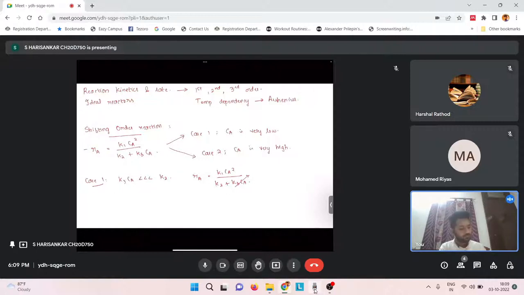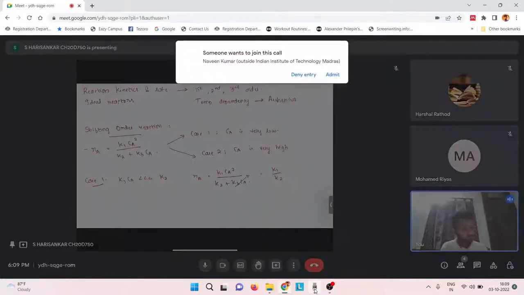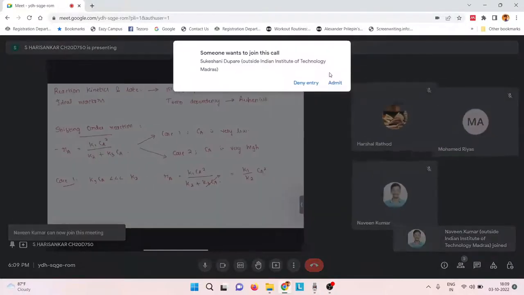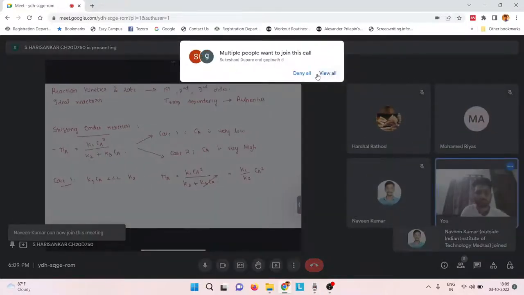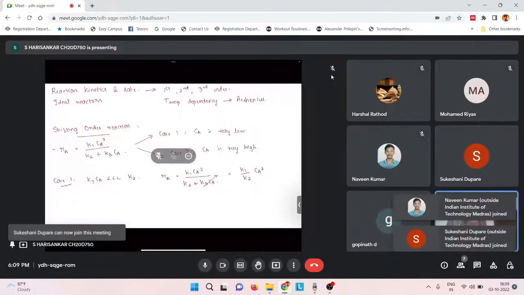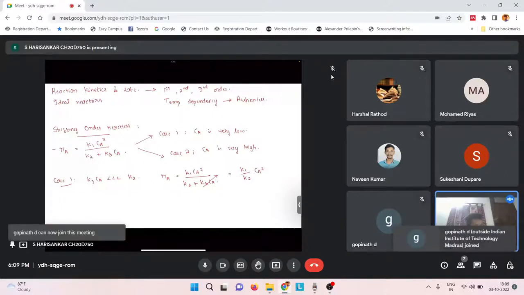And we can write this as K1 by K2, let's say we take it as a constant, into Ca square. So we can approximate this as K1 by K2 into Ca square. So this is basically second order.